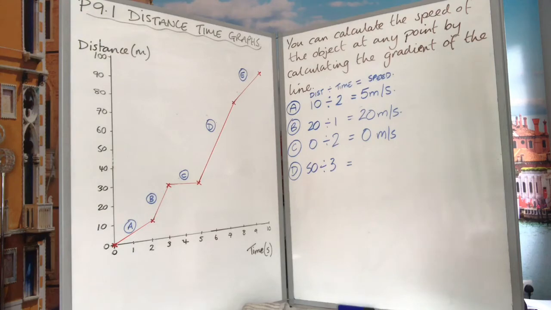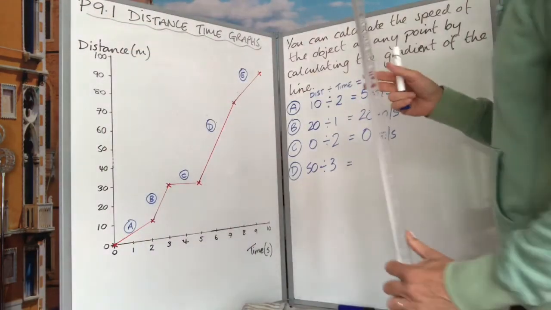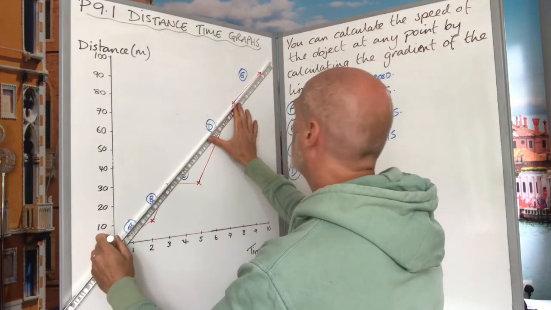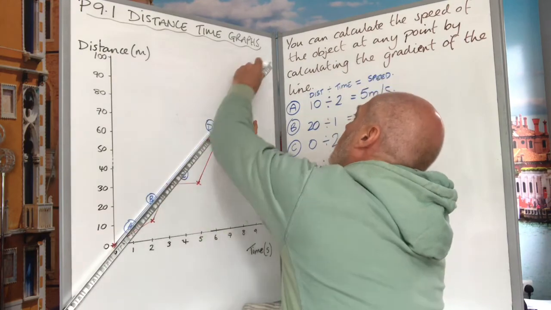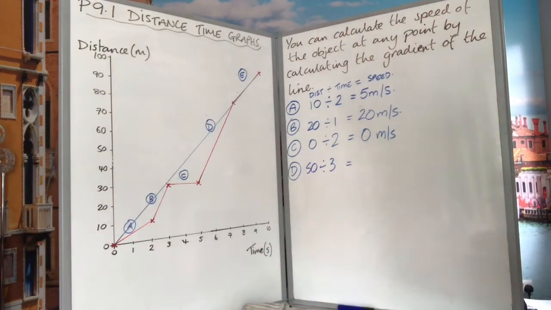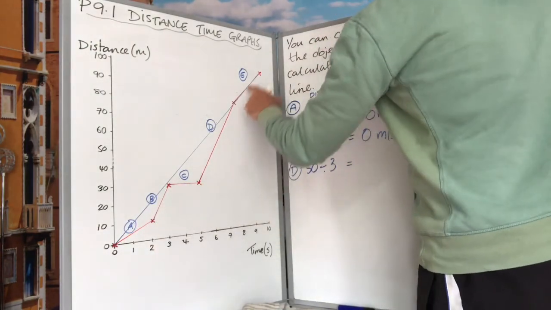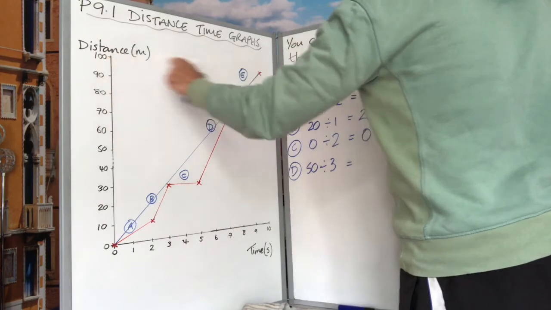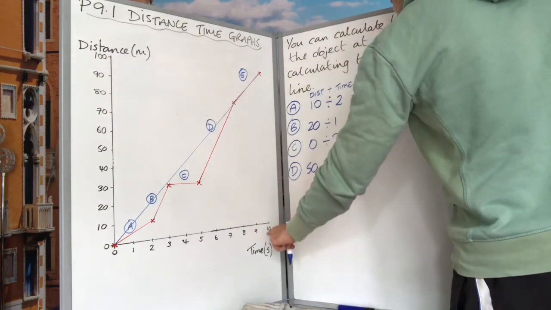If we wanted to calculate the average speed, we measure the gradient of that line. Okay, so we've travelled 100 meters in 10 seconds.